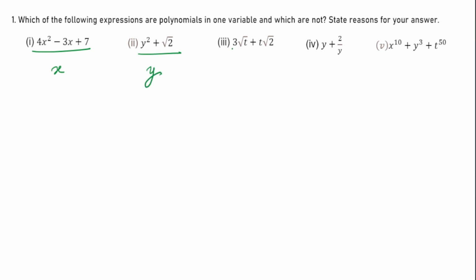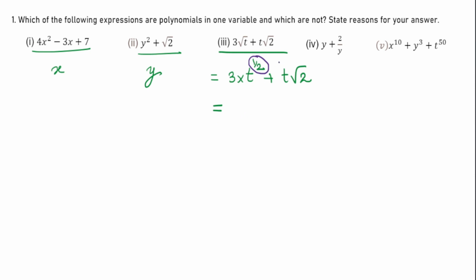Now we have a different case here where we have to first identify whether this given expression is even a polynomial or not. For that I will rewrite this whole expression as 3 into t to the power 1 by 2, because the root becomes the half power of t, plus t root 2. These kinds of expressions are not polynomials, because the exponent here is not a whole number. For an expression to be a polynomial, it is very important that the exponent is a whole number.